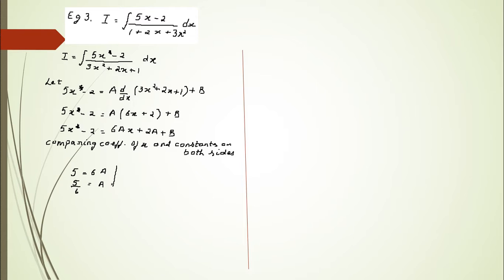Now I'll compare the constants. So I'll get minus 2 is equal to 2a plus b. Now a is equal to 5 by 6, so I'll write minus 2 is equal to 2 into 5 by 6 plus b.